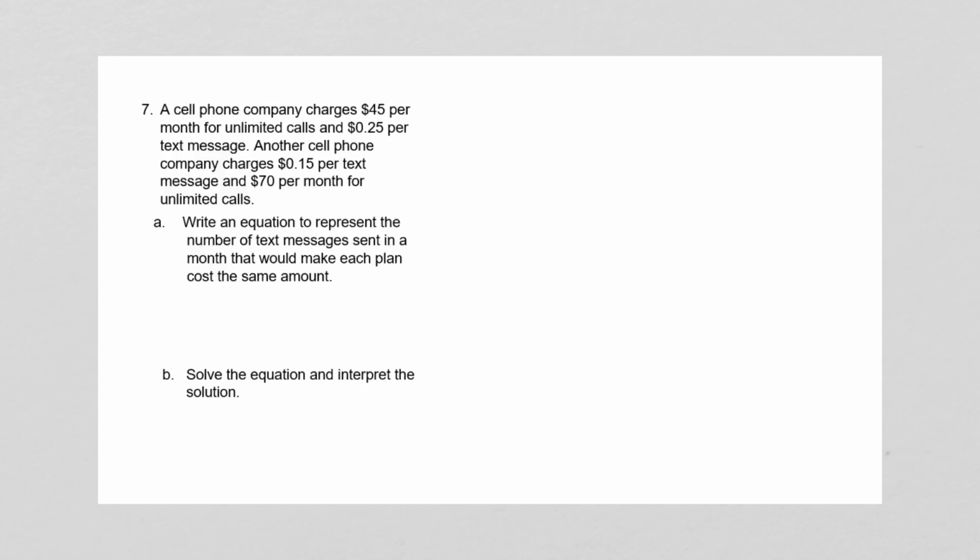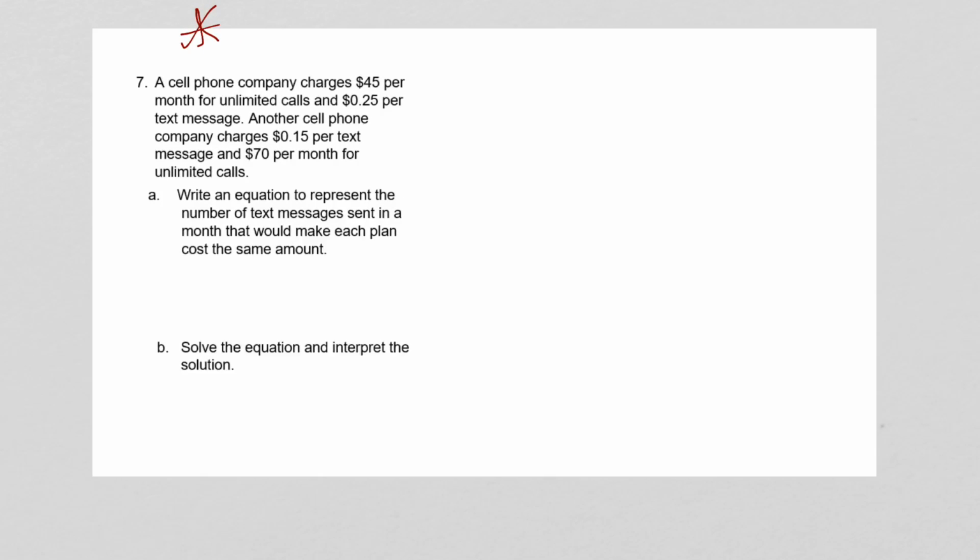Number 7, for those of you watching this video, is the exact same question. So if you understand this, you should do well on 7A and B. If you read the question, they want to know when they're going to charge the same amount. That means company number 1 has to equal company number 2.